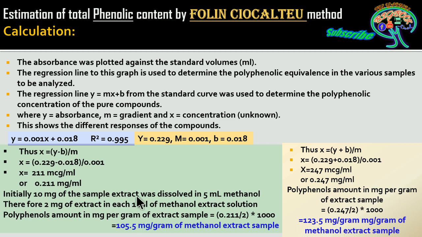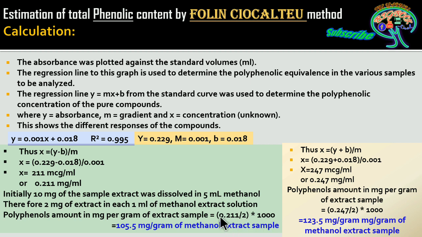Whatever extract we took, if it is taken in milligrams, we convert it to grams, so that the extract remains the extract weight or volume itself. Within that we got this micrograms per ml. So we do the calculation as 0.211 divided by 2 into 1000.